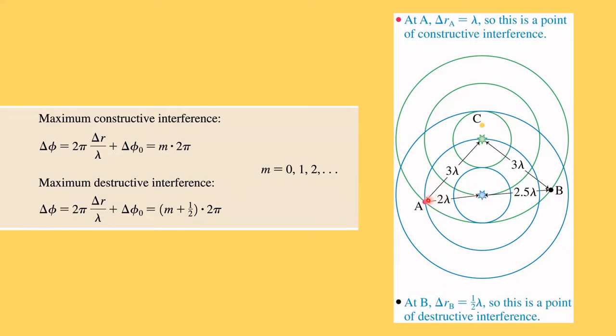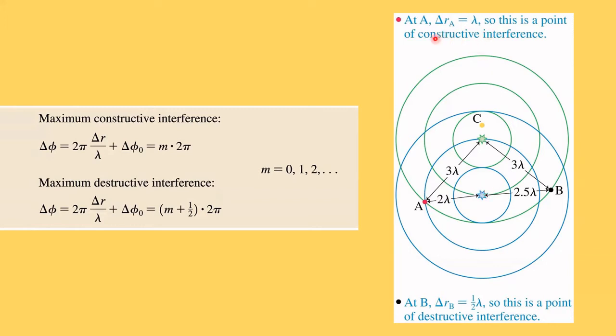And by looking at the green circles, you can count 1, 2, 3 wavelengths from source 1. So it's 3 wavelengths away from one source, 2 wavelengths away from another source. The difference between those distances, and I've called those distances R1 and R2, is 3 lambda minus 2 lambda, or in other words, 1 lambda.